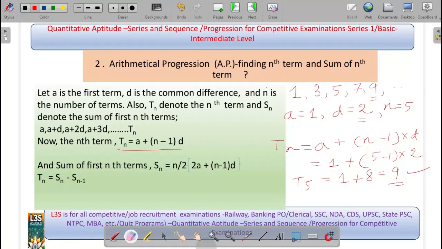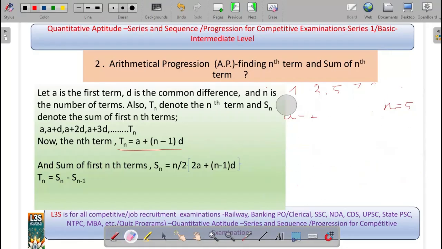Now we'll find out the sum of the first five terms. Taking this example, 1, 3, 5, 7, 9, and so on, in this arithmetic sequence, say we have to find the sum up to the fifth term. We know the formula for Sn, the sum up to the nth term.